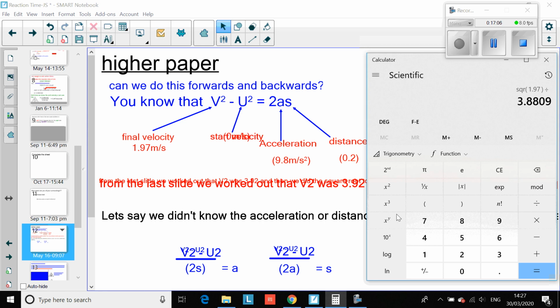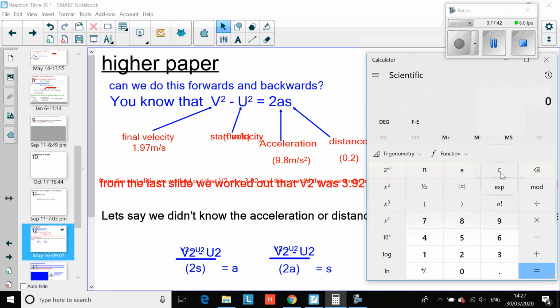And then divided by brackets 2 times the distance, which was 0.2, close brackets, equals 9.7. Okay, that's pretty close. It's a little bit off because of my calculations here, but Earth's gravity is 9.8 and we come out with 9.7. If we rounded to two significant figures, actually it would be 9.8. So we've confirmed that the acceleration was essentially 9.8.